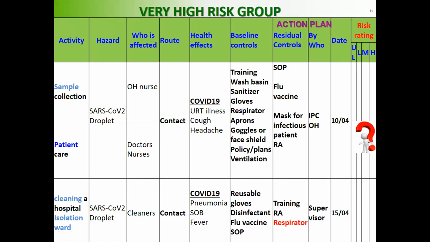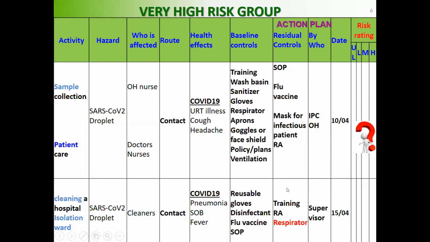Then in the same setting, you have a cleaner who's in a hospital cleaning the isolation ward. What is the difference between a cleaner in an isolation ward and a normal, ordinary cleaner in the office? So their exposure profile will differ. When you're doing risk assessment on that, take that into consideration. So you wouldn't take all these control measures of providing gloves, flu vaccine, or putting a procedure.